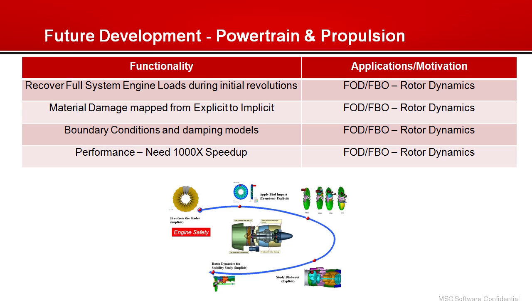And probably most important, we're really working hard on performance, leveraging high performance computing. The industry is asking us to speed up by 1,000 times, because you want to reach the day that you can run that 4 million or 5 million element model all the way through the windmilling explicitly. And so the speed, performance, and the data storage becomes key.